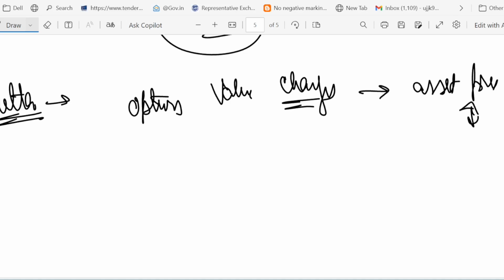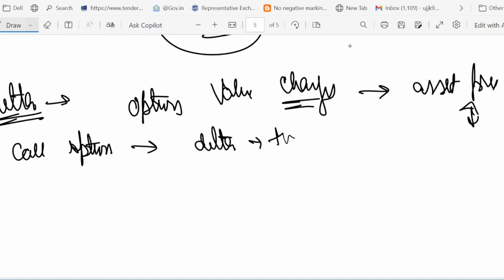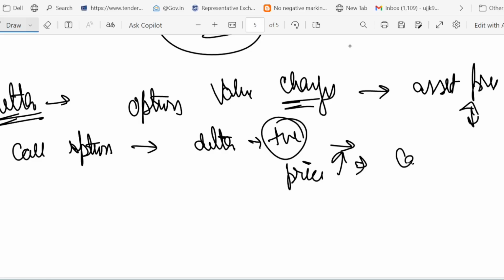Remember, suppose it is a call option. For a call option, delta is positive. It means if the price goes up, the call value increases.